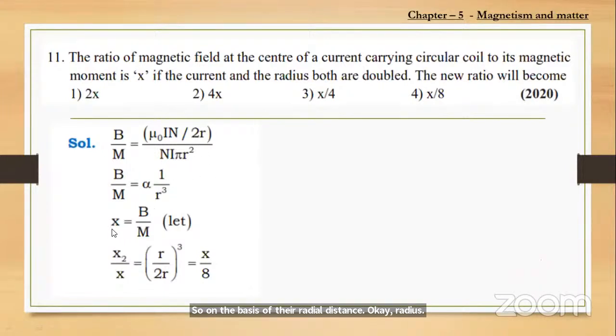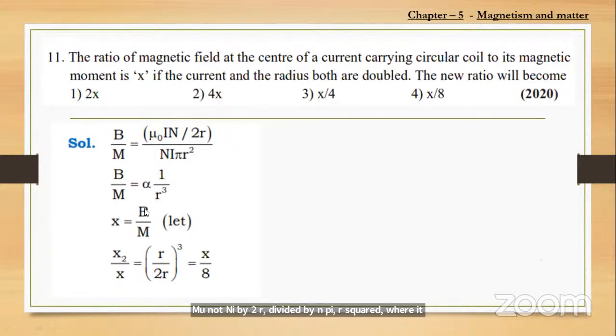So here, the distance is going to change, the magnetic field distance is going to change. What if the radius is doubled? If the radius is doubled, what could be the magnetic field that you are going to observe? Very simple, you know that the magnetic field B by magnetization will be mu naught N I by 2r divided by N I pi r square, where it is proportional to 1 by r cube.